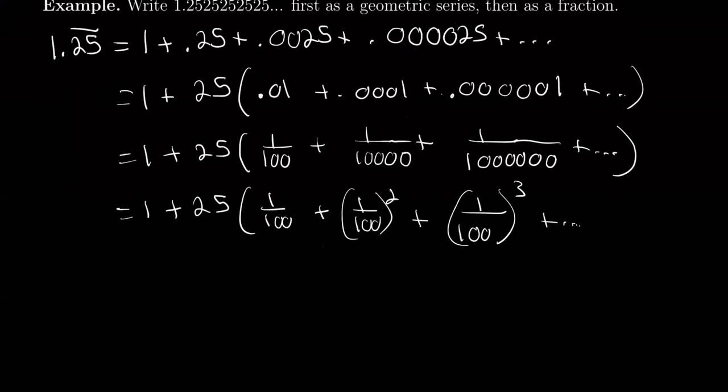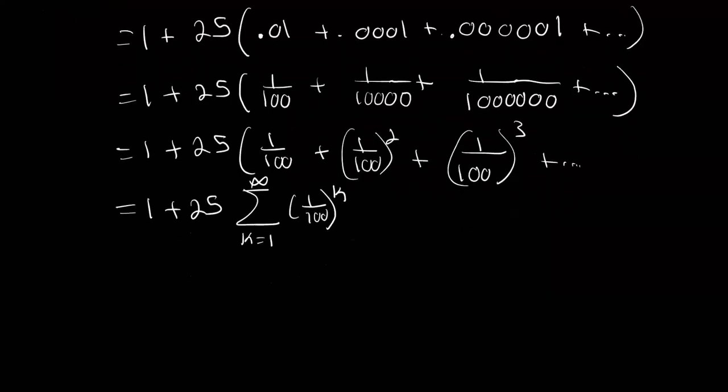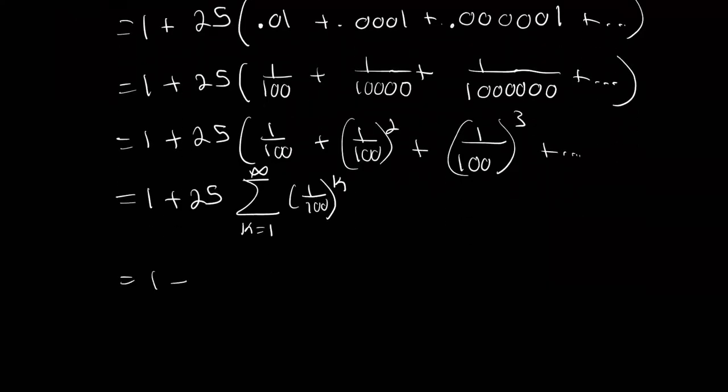Now you see the geometric pattern. 1 plus 25 times the sum from K equals 1 to infinity of 1 over 100 to the power of K. Cool, and then that's my geometric series, and now I should write that as a fraction. So 1 plus 25.